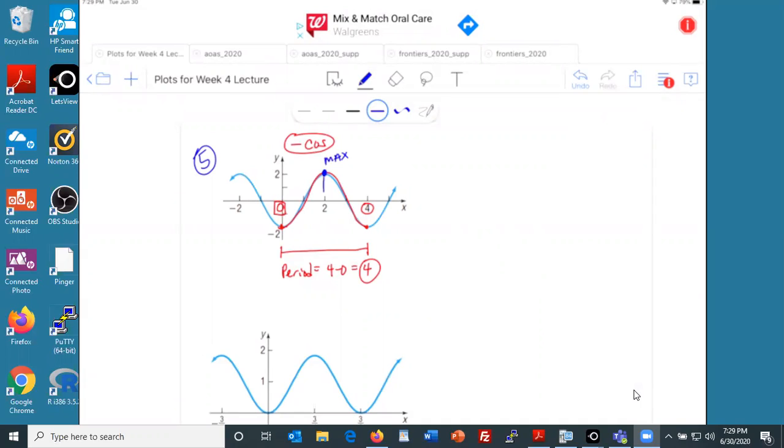All right, so the height from the midline, so the midline here looks like the x-axis again. So the height from there to the maximum gives us the amplitude, or amp. So it looks like we're going up as high as 2. If we use a minimum, we go as low as -2. So the amplitude is simply 2. So 2 is the amplitude and period is 4.